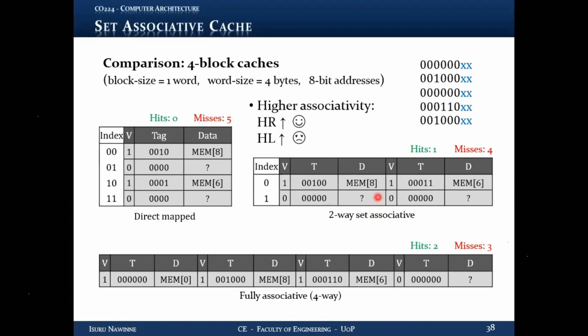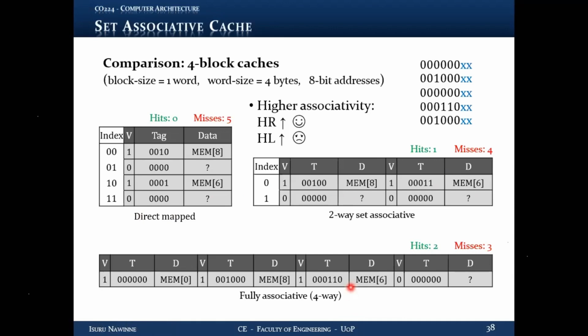And you need to wait until the intermediate hits in individual ways are determined until you can actually extract the data out of the correct way. So the complexity increases, hit latency increases, and the power consumption also increases because you have more and more logic hardware. But if you want a better hit rate, that is one of the good techniques that you have.